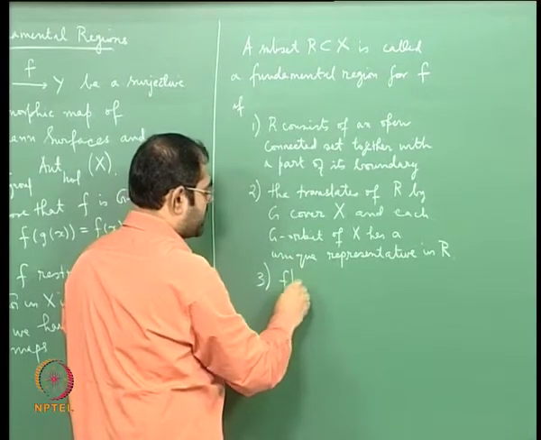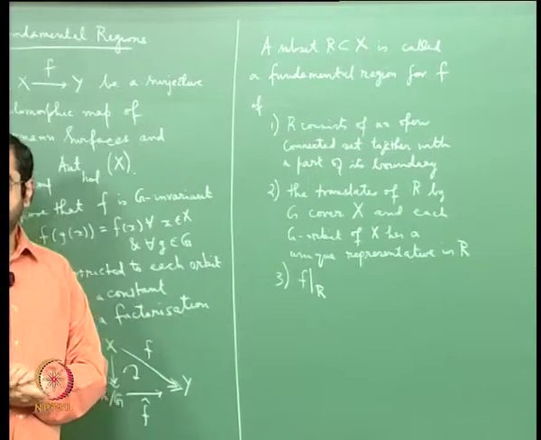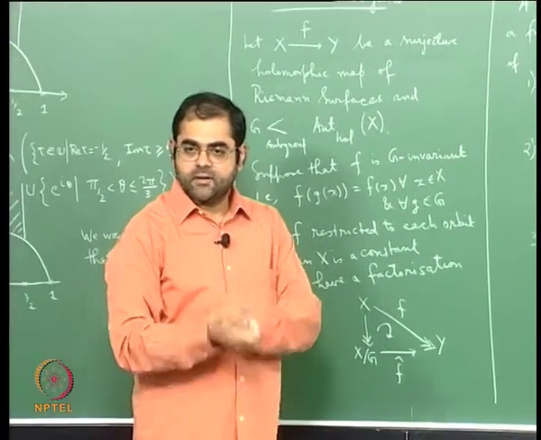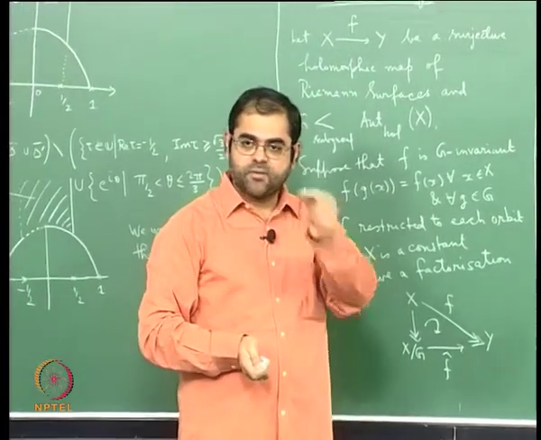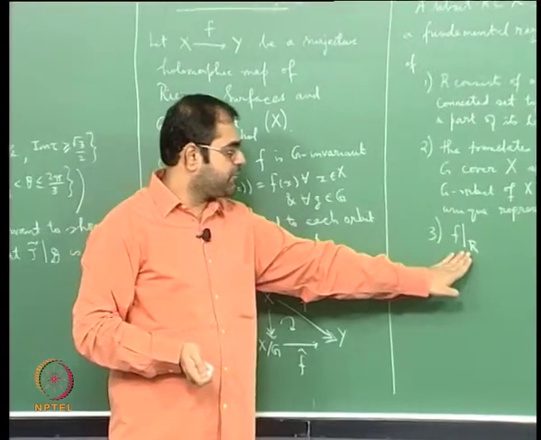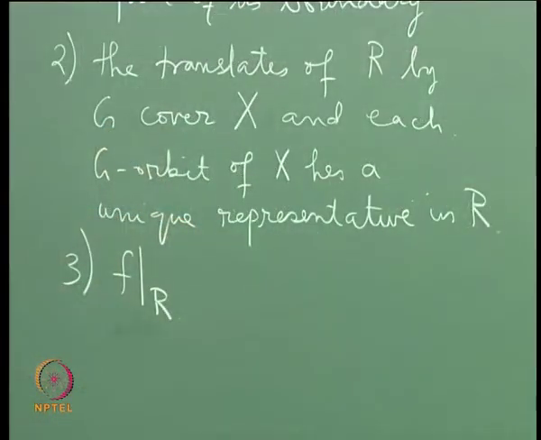If I take F and restrict it to R, mind you that R is not an open set or a closed set. The interior of R is of course an open set, but there is a part of the boundary that is added. So you cannot talk about F restricted to R being holomorphic because R is not an open subset.